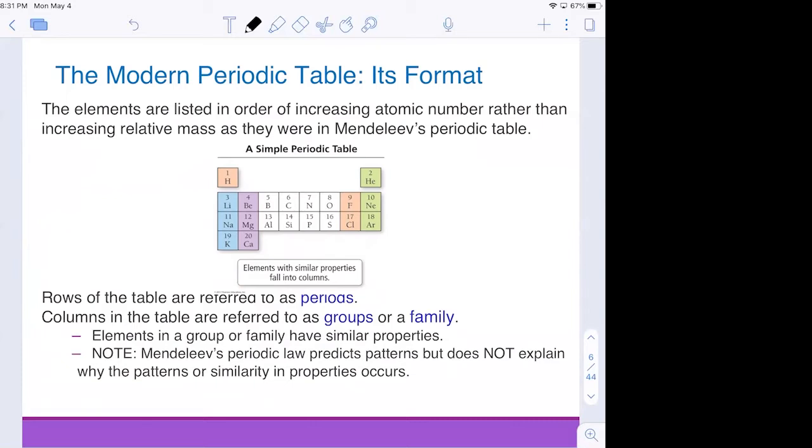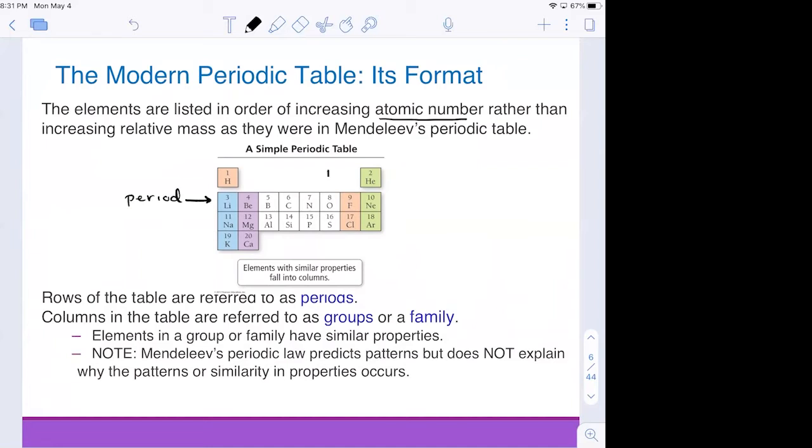And that's only due to the fact that isotopes exist, and some isotopes are more abundant than others. So we do it by something that's a little bit more concrete now, which is atomic number. It is increasing in atomic number, so we do have that structure on our periodic table. The rows going across a row is often called a period.